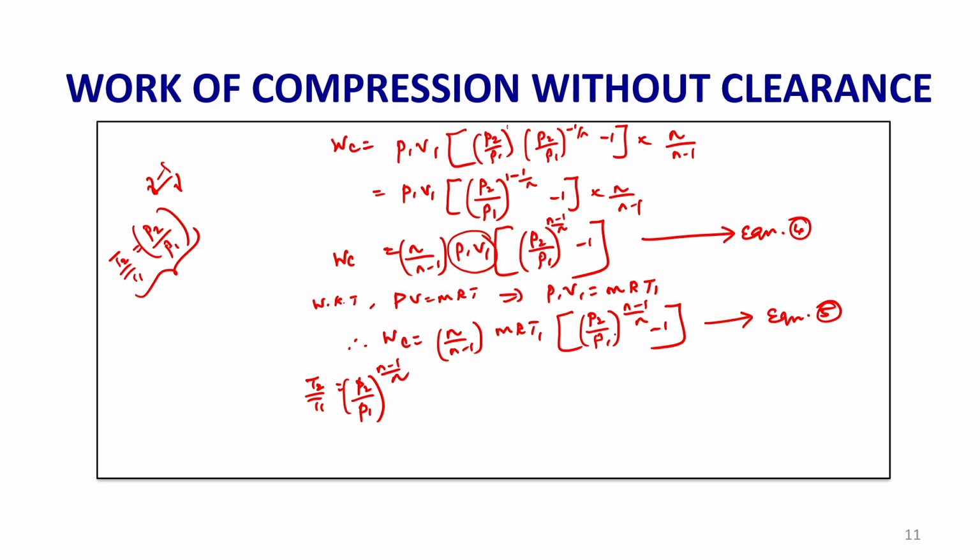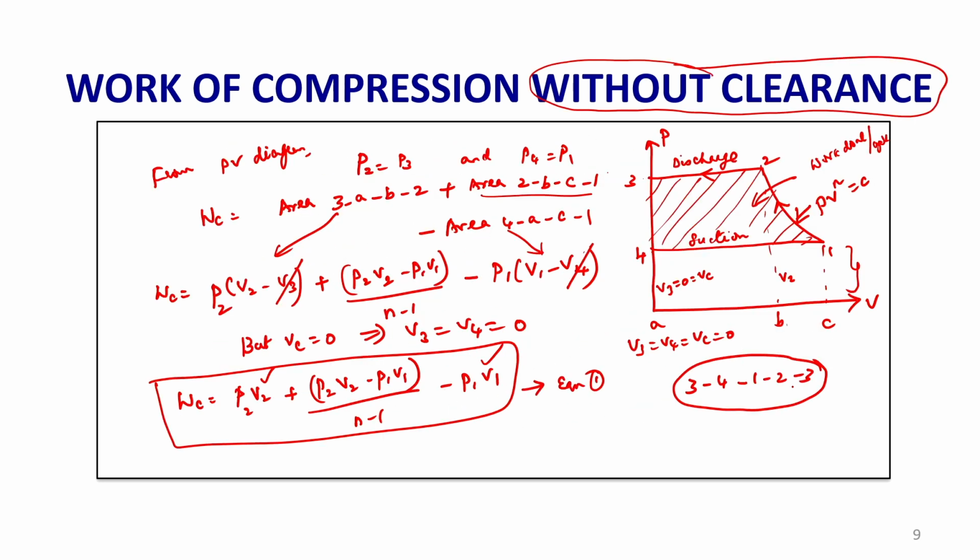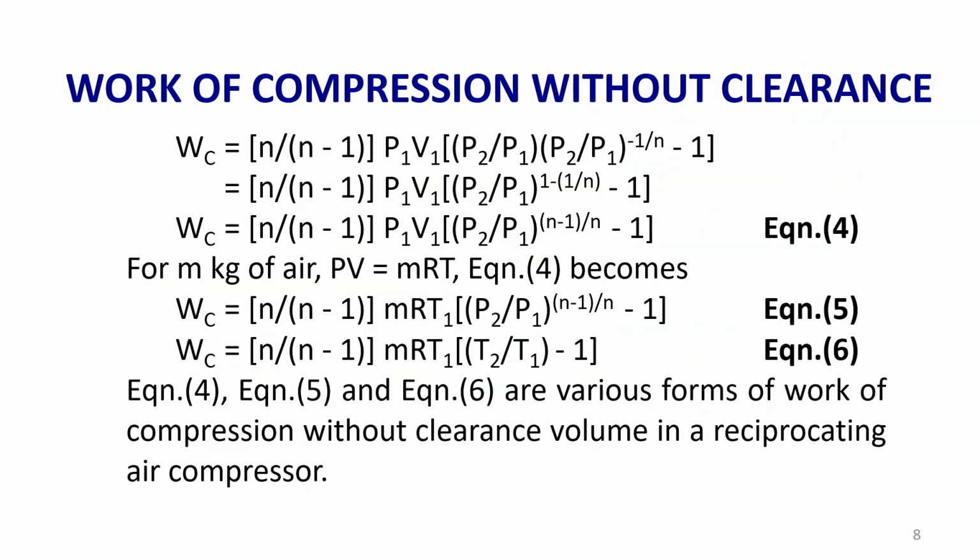So, I am going to substitute this one here. Therefore, equation 5 becomes WC is equal to n by n minus 1 into MRT1 into, instead of P2 by P1 whole power n minus 1 by n, I will write T2 by T1, minus 1. So, this is equation number 6.